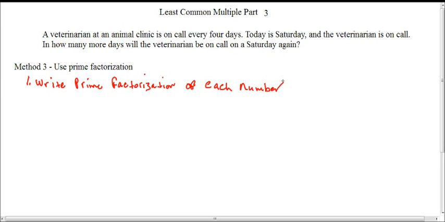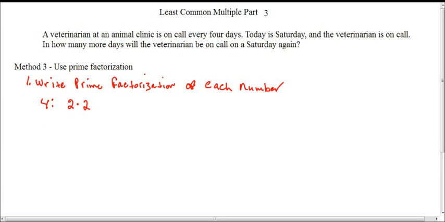Okay, so let's start with 4. The prime factorization of 4 should be familiar to you. The prime factorization of 4 is 2 times 2. And we know it's a prime factorization because the only other factors each 2 has are 1 times 2. So it is a prime number.